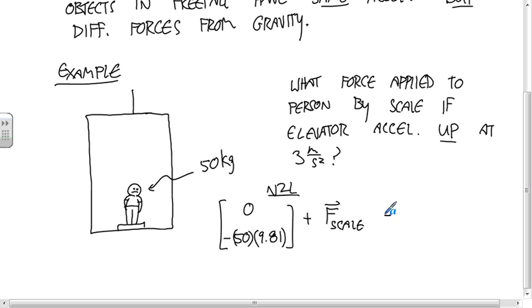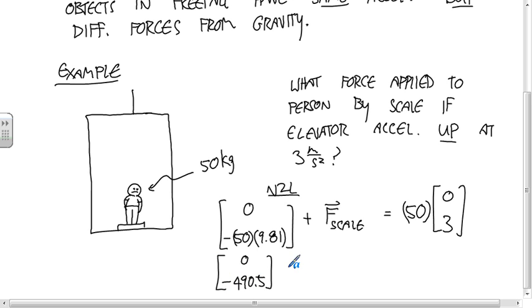And these add up to be equal to the mass of the person times the acceleration. If the acceleration is 3 meters per second squared up, what's that as a vector? 0, 3. Yes. So we have 0, negative 490.5 plus F scale is equal to 0, 150.